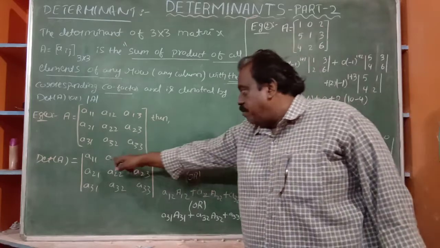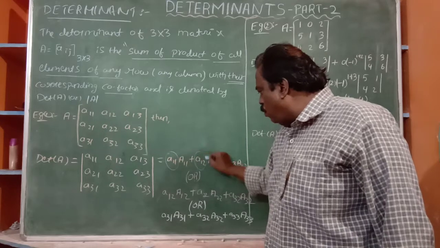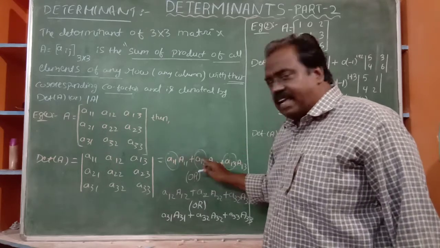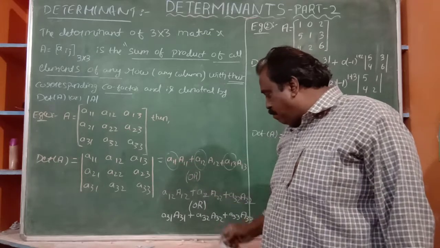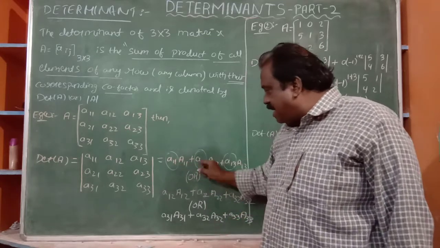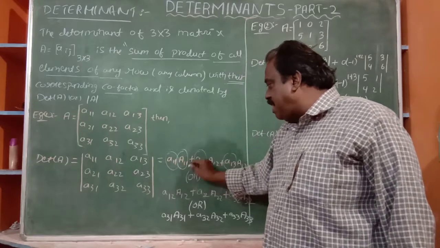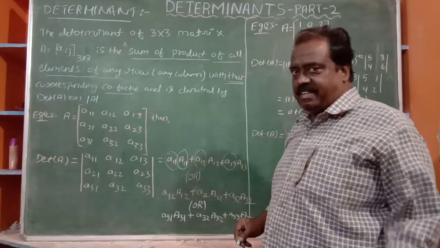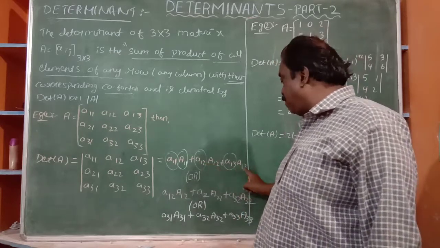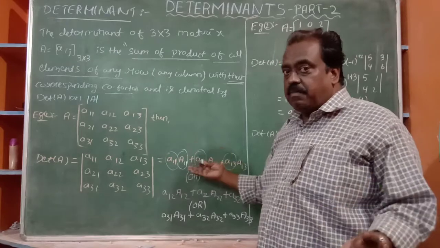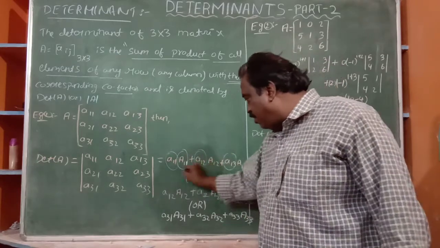You see, first row elements A11, A12, A13. These are the elements of the first row. Each element is multiplied by its corresponding cofactor. For A11, capital A11 is its cofactor. A12, capital A12, A13, capital A13. So that determinant can be obtained in the first row.